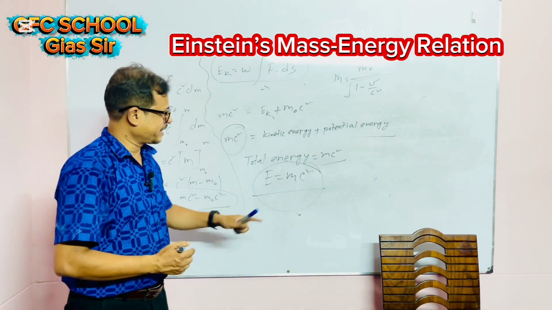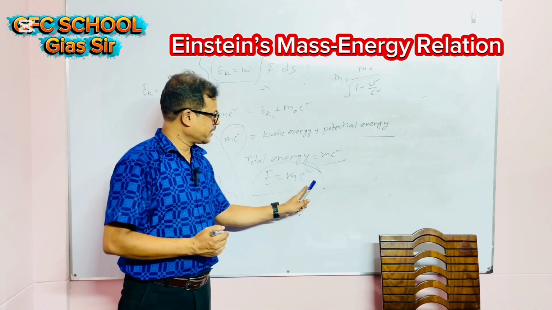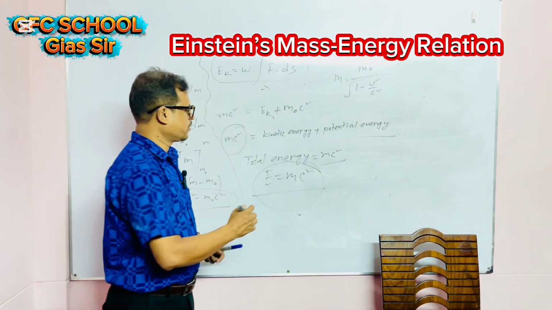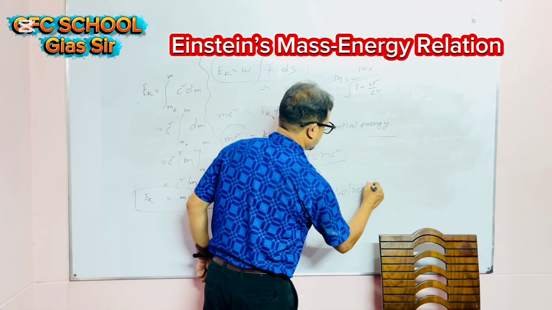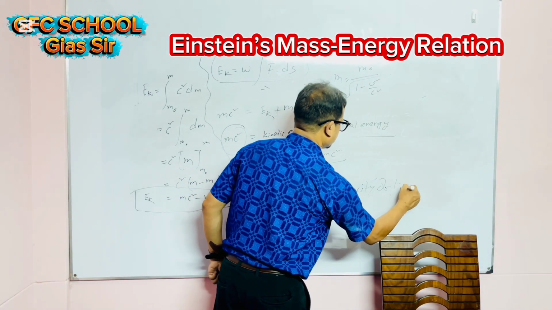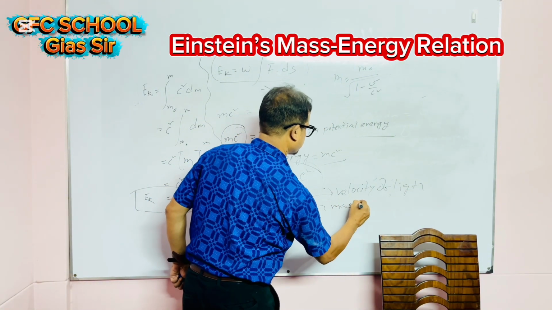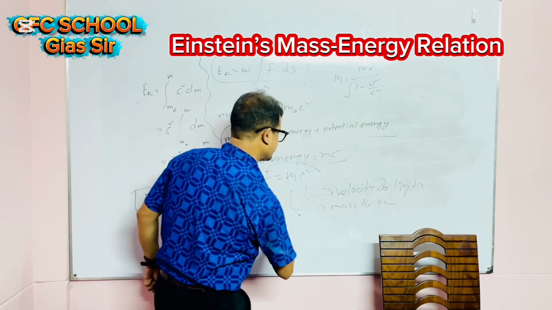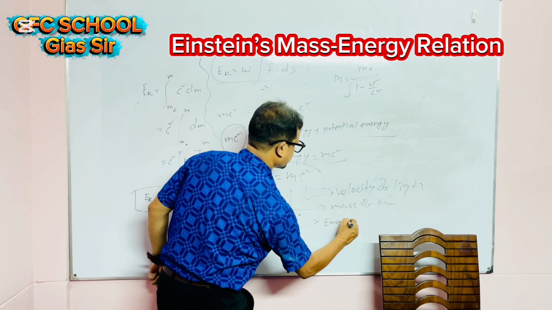Guys, again I say here m is the mass of the object, and c is the velocity of light. M is the mass of the object, and E is the total energy. Okay, energy, guys.